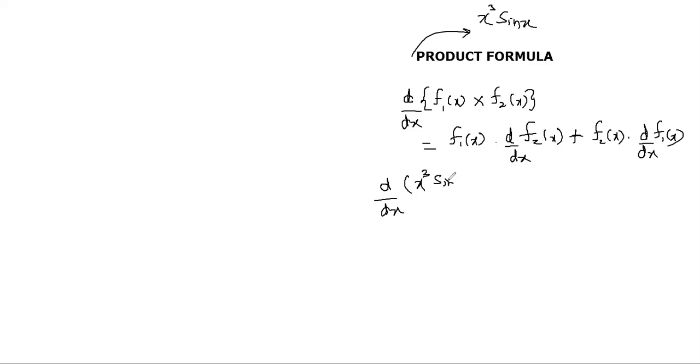So first of all, you should recognize these two functions are in product. So any one function you can take as the first function. This is the first function, x cube, and sine x is your second function. So first function as it is, x cube, differentiate second function sine x, plus, now leave sine x and differentiate x cube.